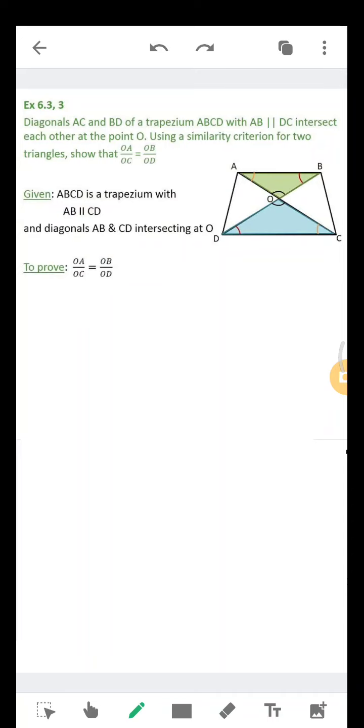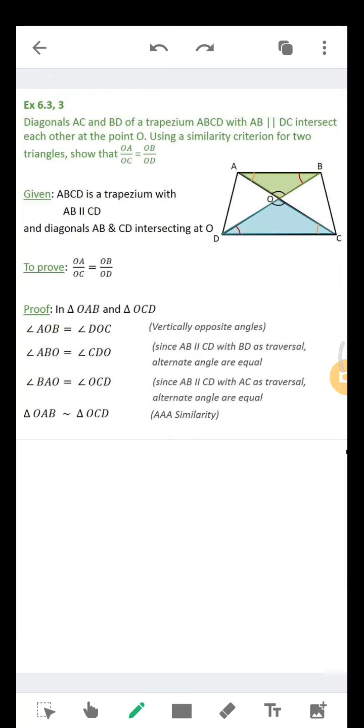So I'll try to prove that the green colored triangle OAB is similar to the blue colored one, that is OCD. I can use alternate angles, corresponding angles, any property I can use here. Let's use the alternate angle property and try to prove these two triangles are similar, because I have to get a ratio from it. You can see here AOB is equal to DOC.